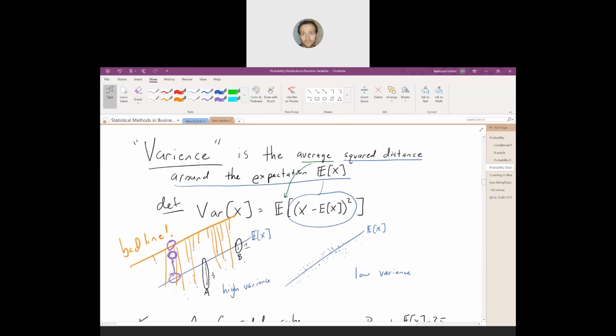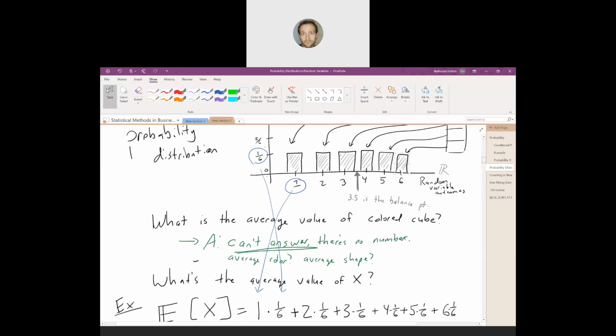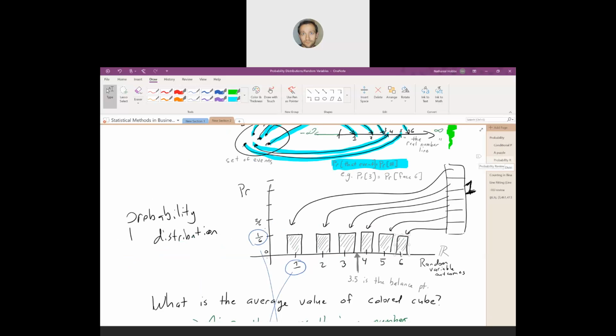Let me go back up here. This is the result of rolling a die. A die can't be 2.8. It can't be 3.6. You roll a die, it's either going to be 1, 2, 3, 4, 5, or 6. There are fixed numbers. The expectation can be any number. In the case of the roll of a die, it's the number 3.5. 3.5 is not a number that shows up on a die.